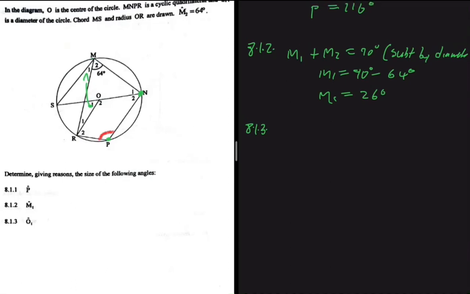You can see here that O1 is subtended by SR, and the same is true with M1. O1 is at the center and M1 is at the circumference. So now we can say that O1 is equal to 2 multiplied by M1. But what is M1? M1 is 26 degrees. So 2 multiplied by 26 should be 52 degrees.